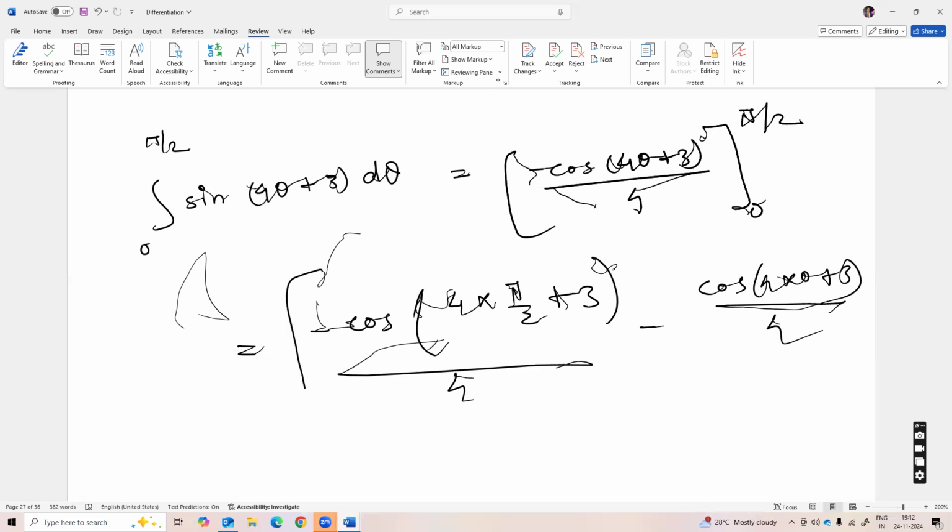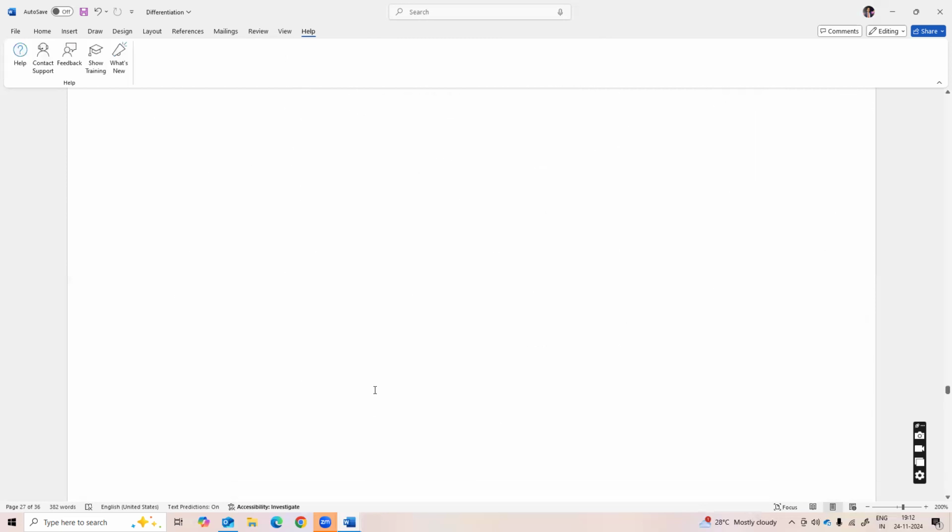See, there was already a minus sign here, so this will become minus minus plus. If you solve, you will get some value.